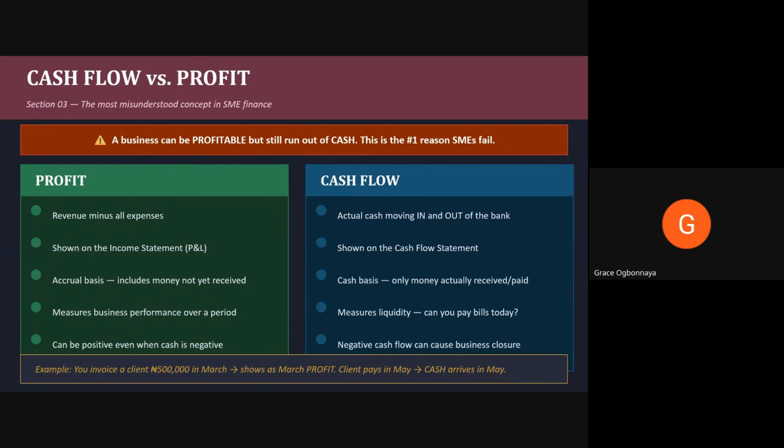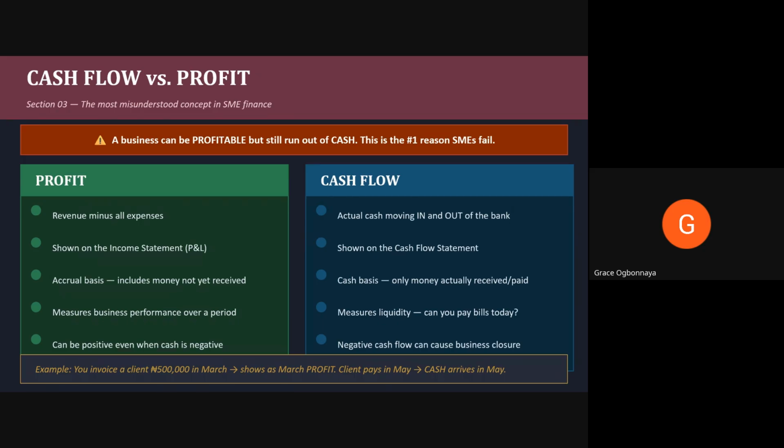And if your cash flow is negative, the business can actually close down. For example, you sent a client an invoice of 500K in March, and your profit and loss will show it, maybe 250 was the profit. But the client pays in May, cash arrives in May. That's not in your cash flow for March. It will not carry that 500K.